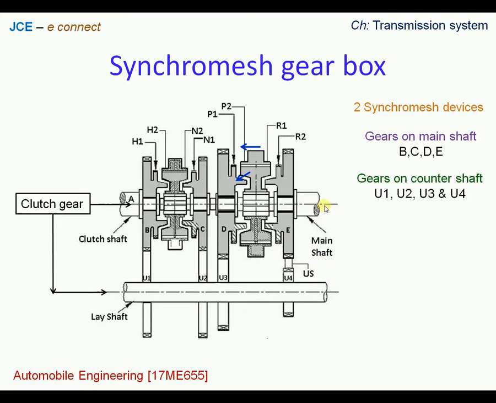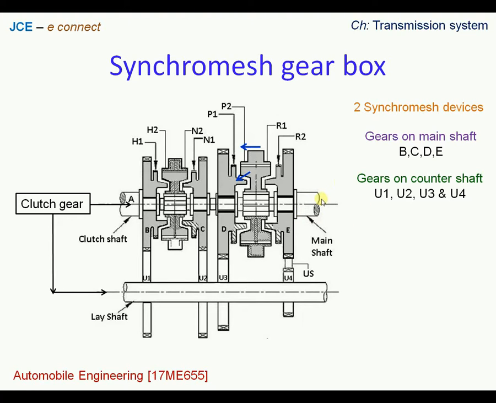And then the direction of rotation of the gear wheel E will be opposite to that of the clutch shaft. Thereby we see that a reverse rotation is being observed. This sets the vehicle into backward direction.